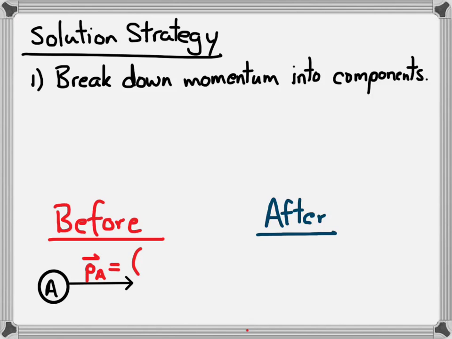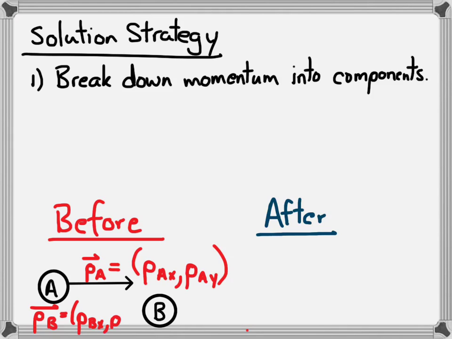We have puck A, and it has a certain momentum, and we want to break that momentum down into its x and y components. We have puck B before the collision, and it also has an x and a y component.